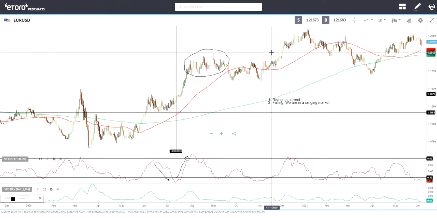As I said, you don't have to use this as a signal. You have lots of other indicators you can get good signals from. But because I'm just explaining how to use this vertical horizontal indicator, I'm going to explain as much as possible. Okay, this gives you a signal here.